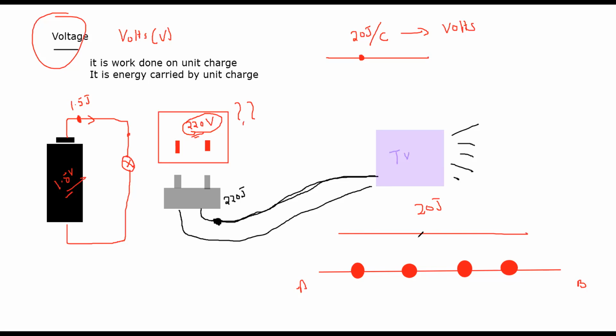If there are 4 charges and in total they carry 20 joules, each charge will carry 5 joules. So this 5 joules, which is carried by one charge, is called voltage. So we'll say that voltage is 5 volts.